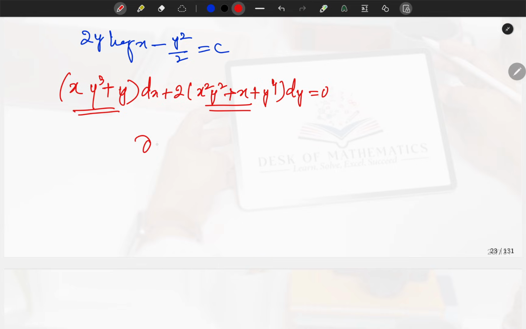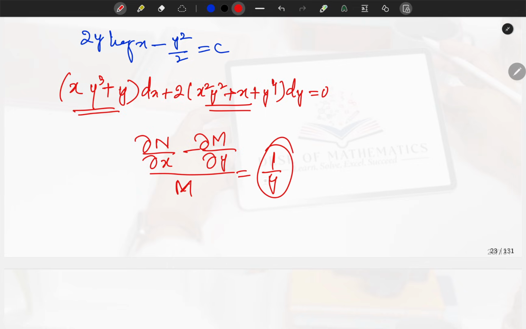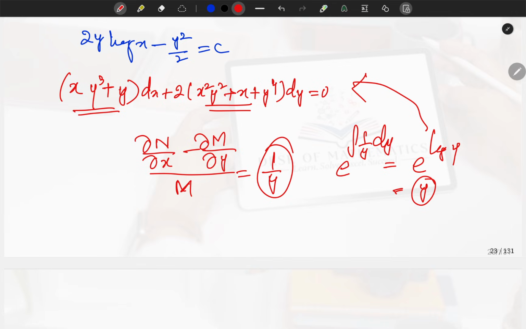So then you will use (∂N/∂x minus ∂M/∂y) divided by M, some function, you will get 1 by y. So your integrating factor will be e raised to the integral of 1 by y dy, that is e raised to log of y, so that is y. That will be your integrating factor, and multiply the given differential equation by this, you will get M dash and N dash and solve it by the exact method.